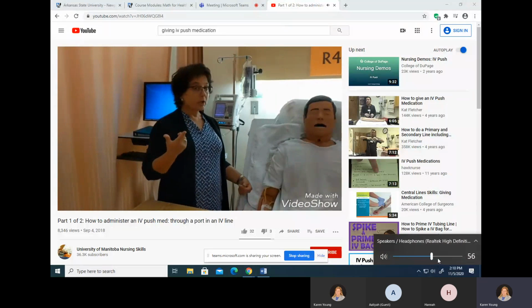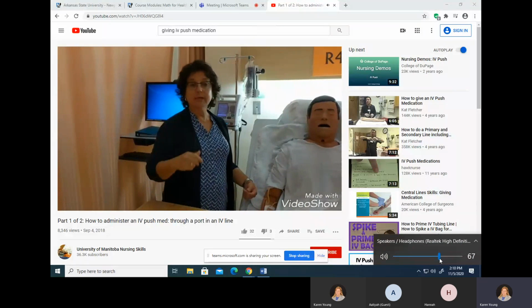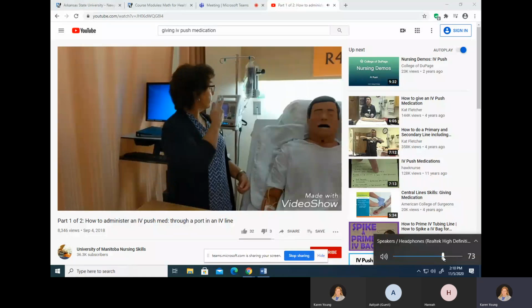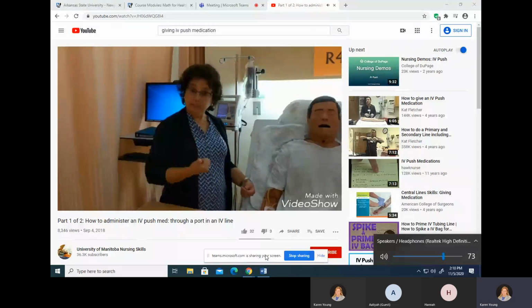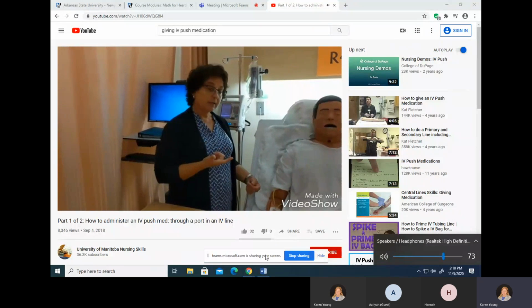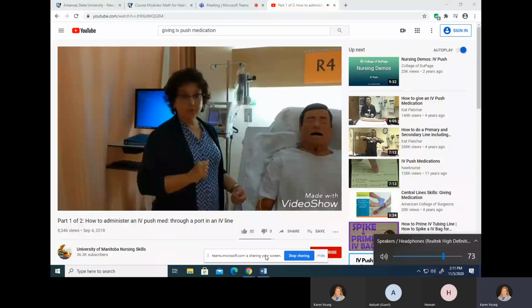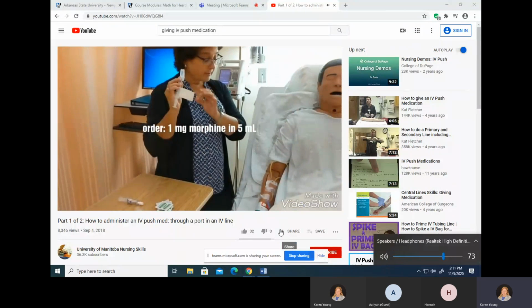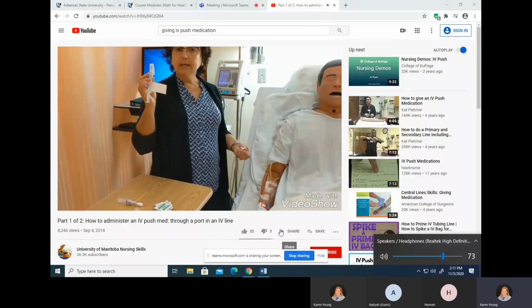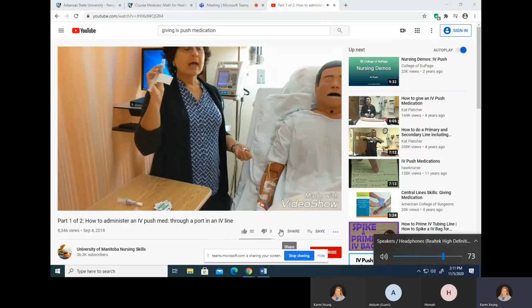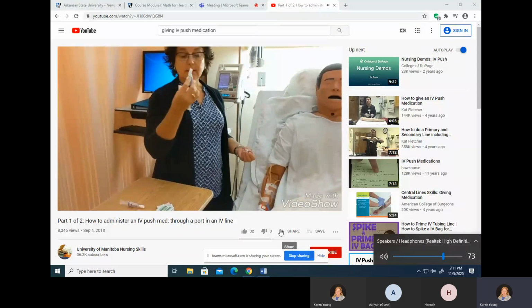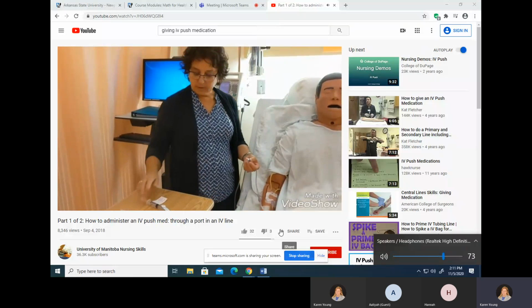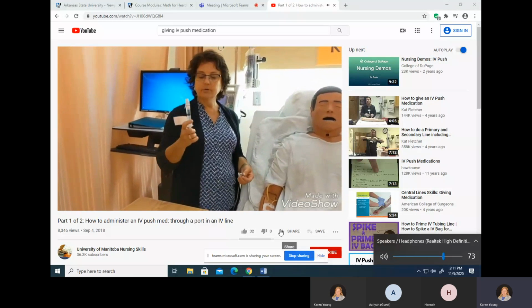Make sure this piece is working, that's compatible. My population, and that I can give it, how much I have to give, and how long it's taking. So I got my order, so I know if this is working. Okay, and I just have a 1 milligram here. And so what I figured out is going to take 5 minutes to infuse.